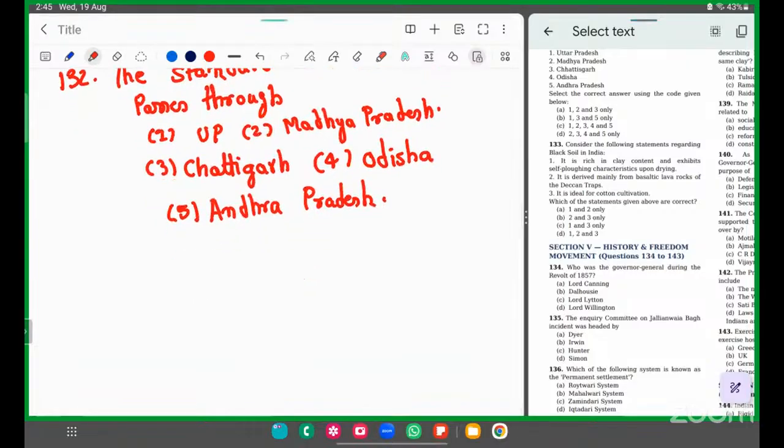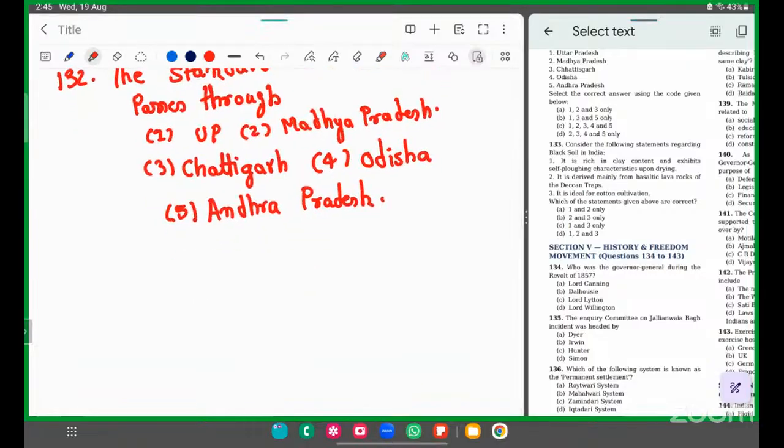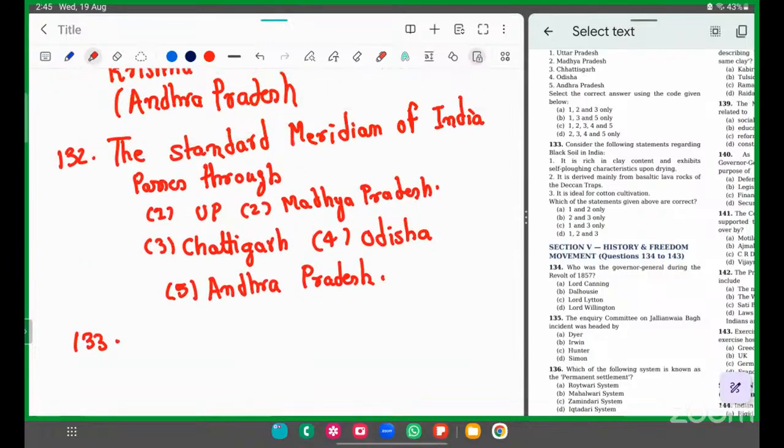133. The answer will be: it is rich in clay content and exhibits self-ploughing character. First is correct. Second, it is derived mainly from the basaltic lava rocks in the Deccan Trap, which is also correct. And it is ideal for cotton cultivation.